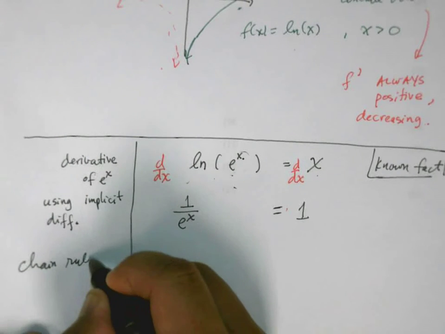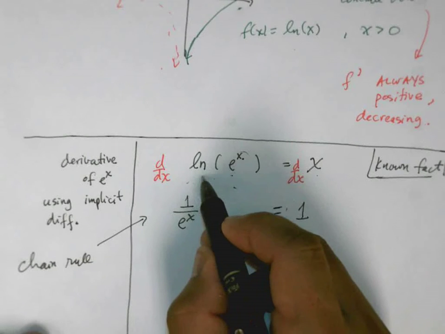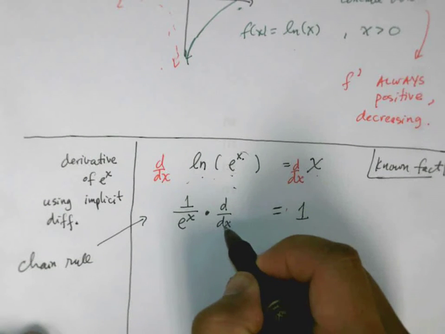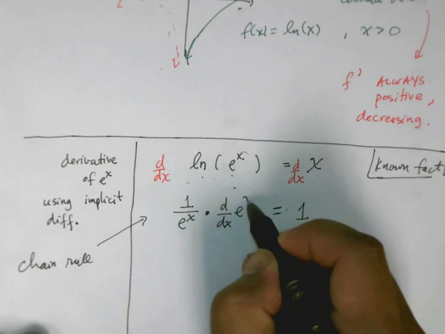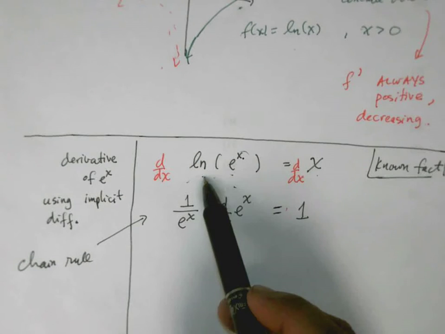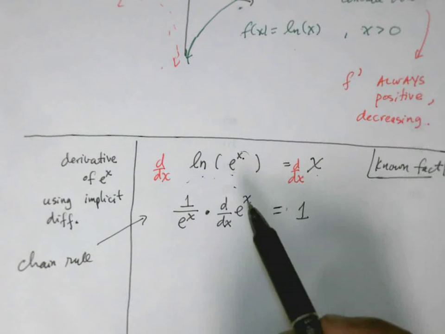Remember, chain rule is what's applying here. So that's the derivative of the outside function times the derivative with respect to x of the inside function, e to the x. The derivative of natural log is 1 over some function, in this case e to the x, times the derivative of the inside function.